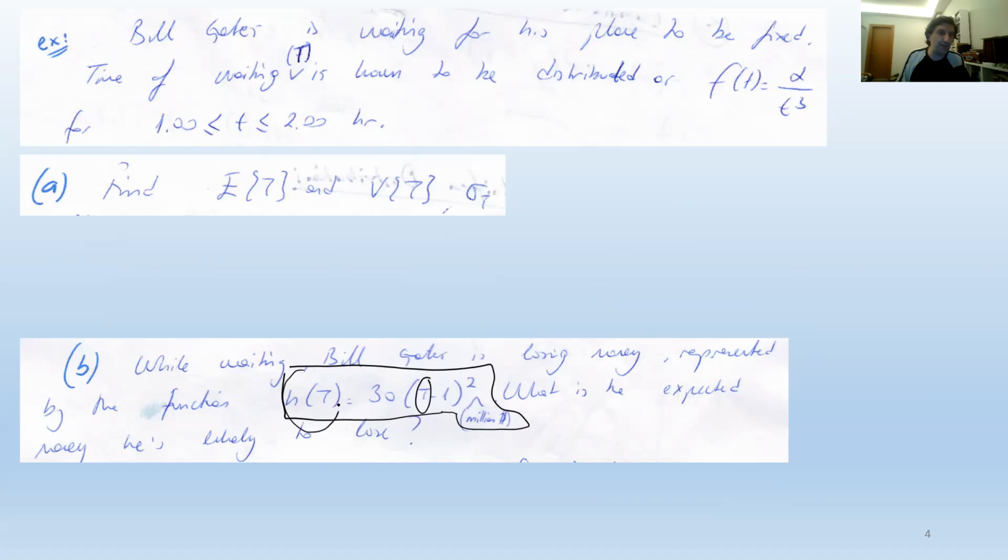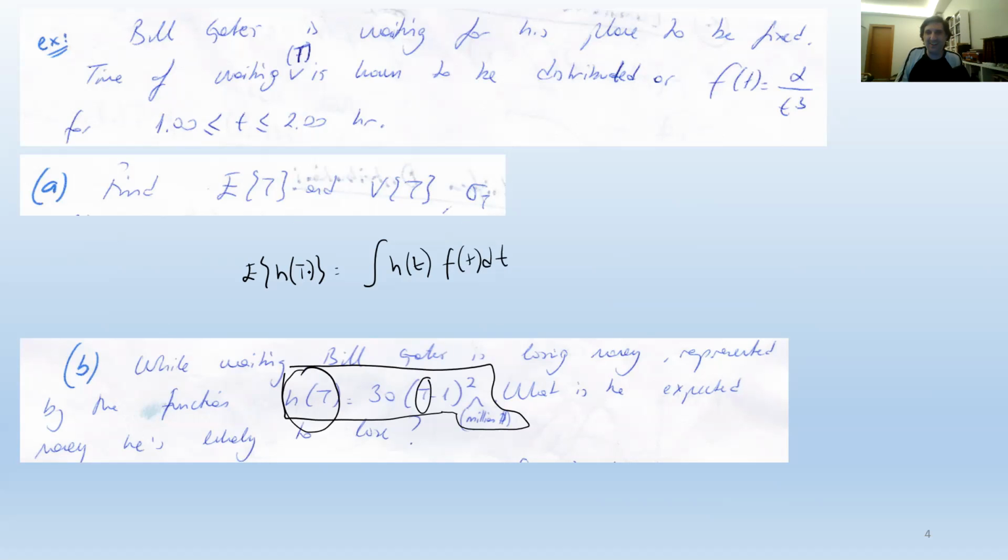Therefore, the amount of money that he's going to lose is also going to be a random variable. So basically, what we are going to write is very simply the expected value of h(t), the quantity that we are interested in. It's basically going to be h(t) multiplied by f(t) dt.